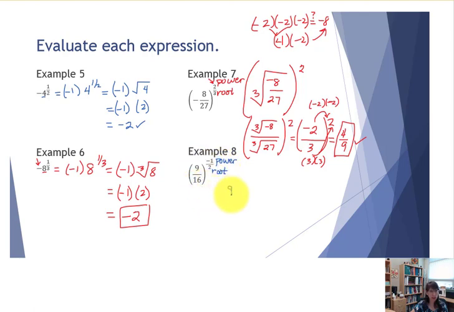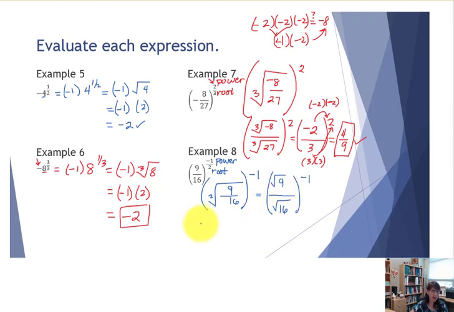So our fraction of 9/16 is under the root of 2, or square root, and then we're going to raise it to power negative 1. So first let's concentrate on finding the square root. So breaking this apart using our quotient rule, we're looking for square root of 9 divided by square root of 16. Then we'll raise that to the power of -1.